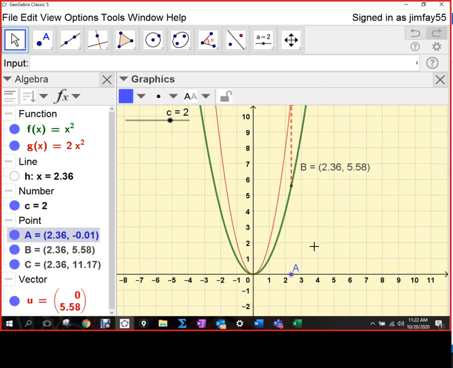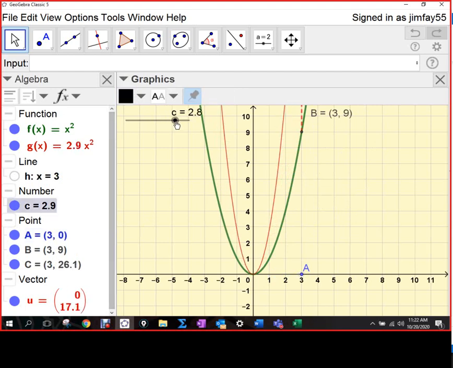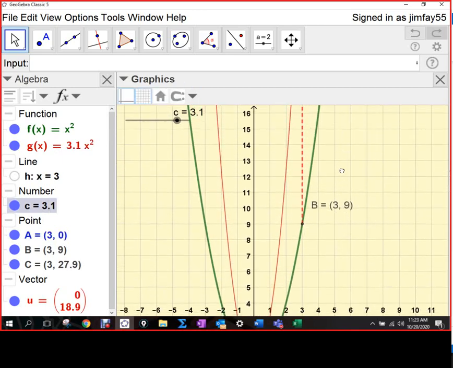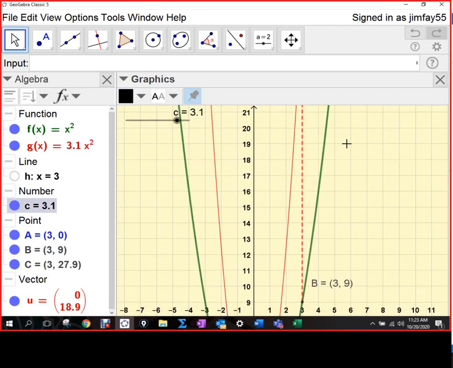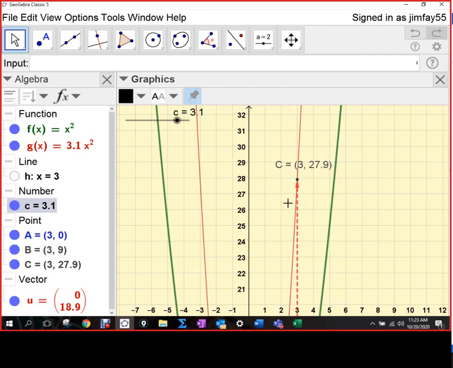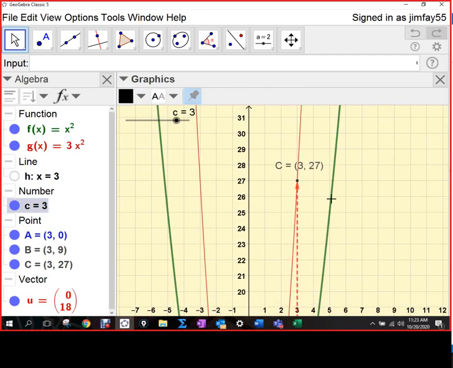Is that okay with everybody? So when I multiply by a number out front, it's going to make it grow if that number out front is bigger than 1. So here I've made it 3. So on my parent function, I have 3, 9. So on the next one, I'm going to have 3, 27.